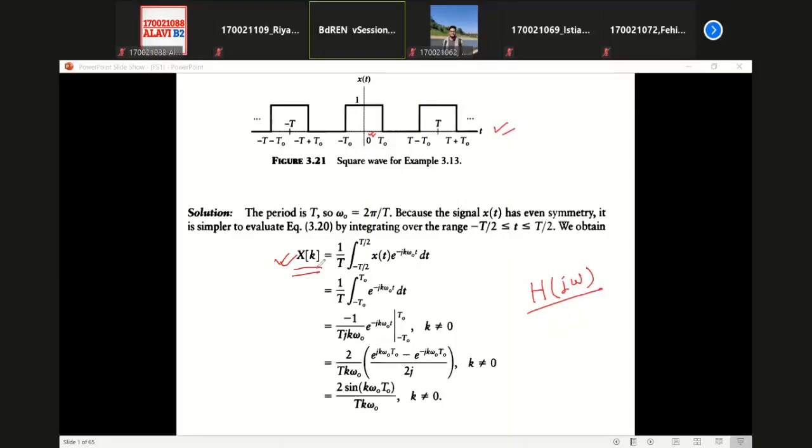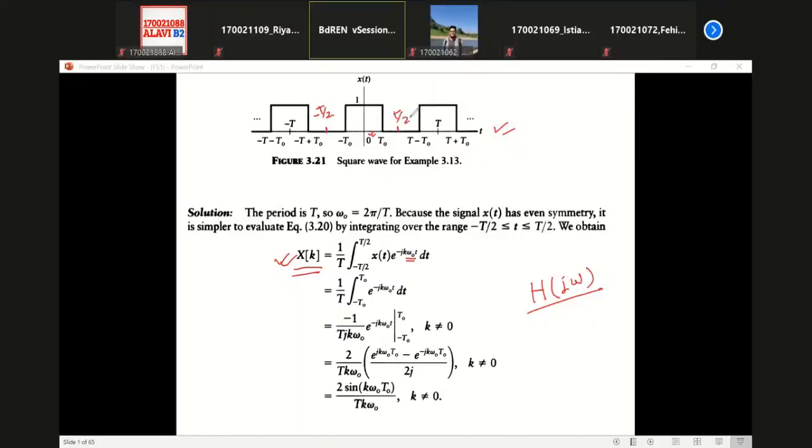So you know from your earlier lecture that the Fourier constant xk is simply equal to 1 by T times the integration over one period of x(t) into e to the power minus jk omega 0 t, where omega 0 is what? The fundamental angular frequency. In our case, what is the period of our signal? If we want to go from this point to that point, it is from minus T by 2 to T by 2, isn't it?